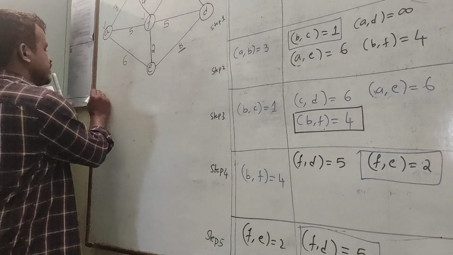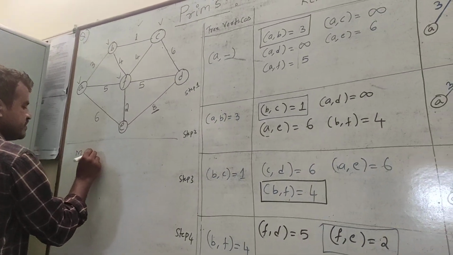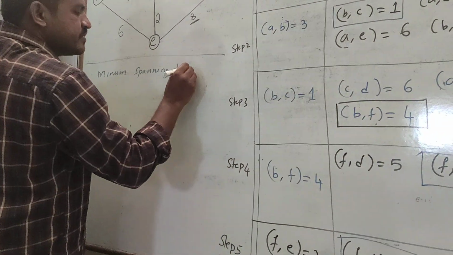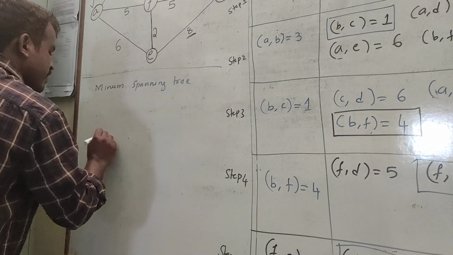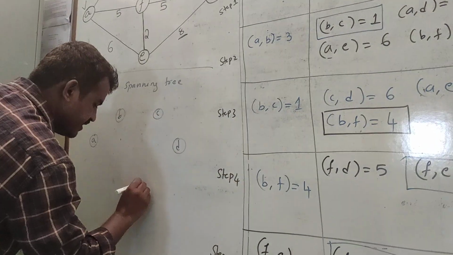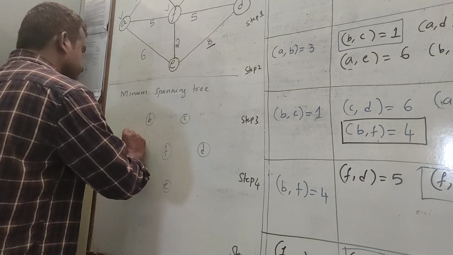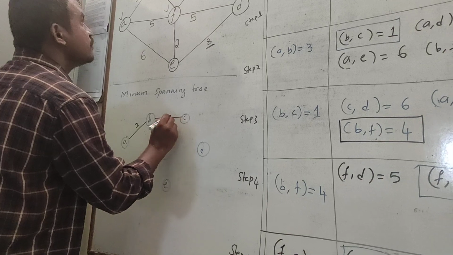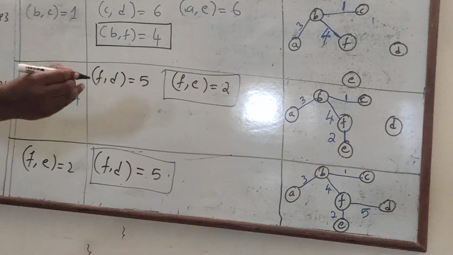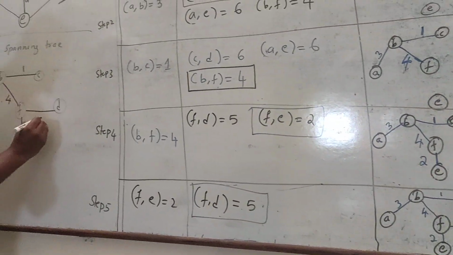In the solution here, the minimum spanning tree is A, B, C, D. You write it again. What are the edges you connected: 3 you connected, 1 is connected by seeing that one, 4 connected. This is F to E connected and this is connected. That is 5.